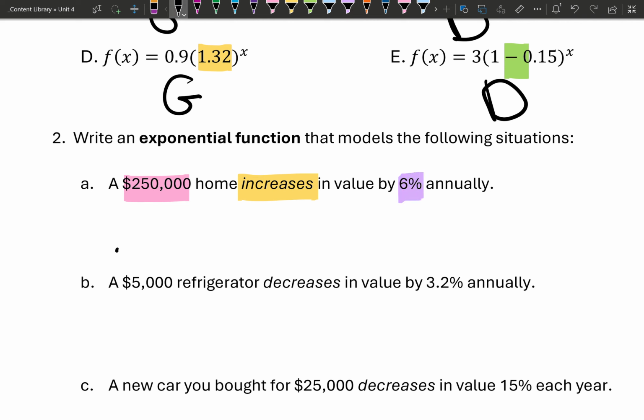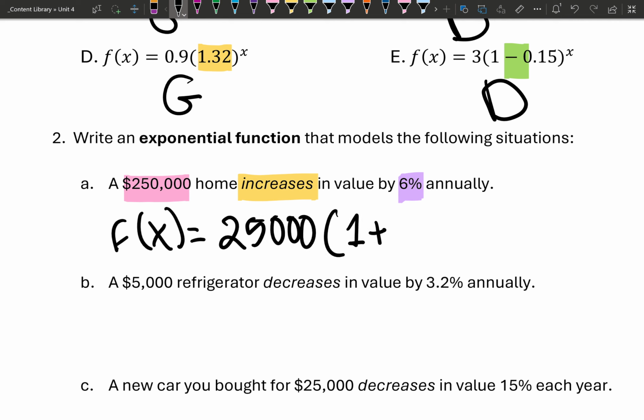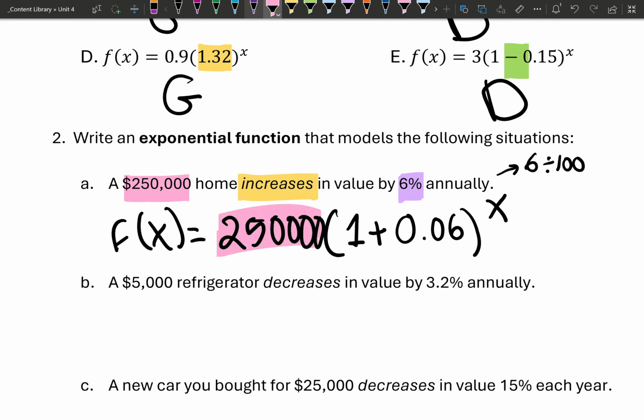Okay, so f of x equals our starting amount, 25,000, times 1 plus, because we're increasing, 0.06. 6% as a decimal is 0.06. The way we find a percent as a decimal is we do the number that is our percent divided by 100, and that gives us our decimal, to the power of x.